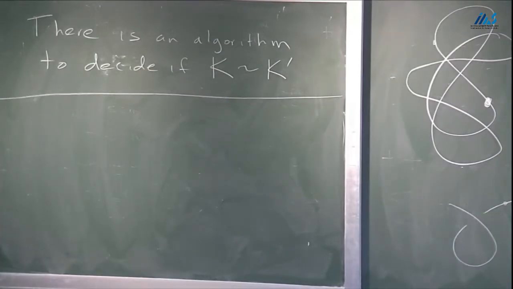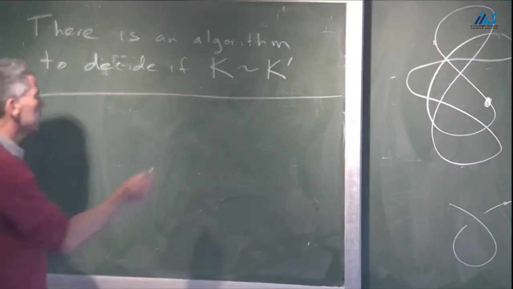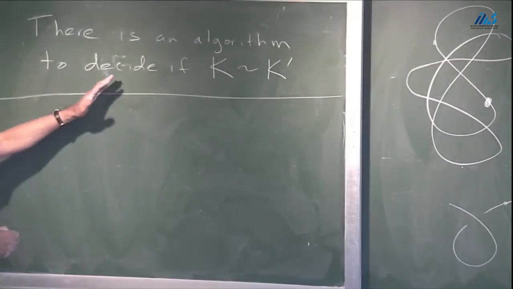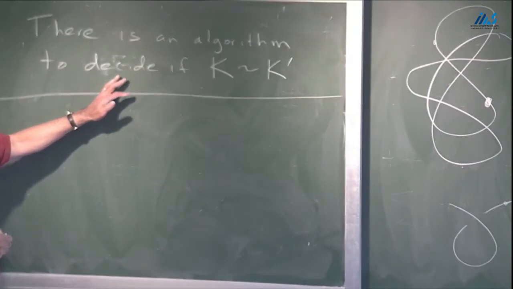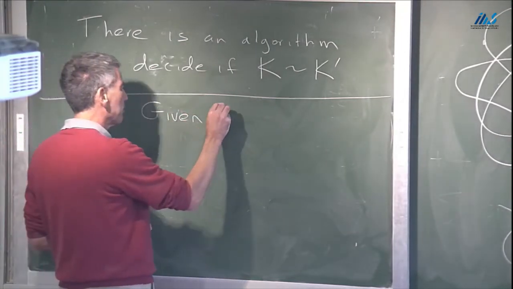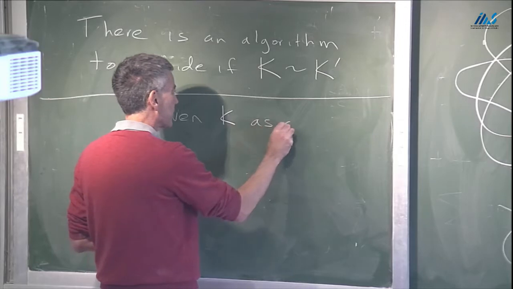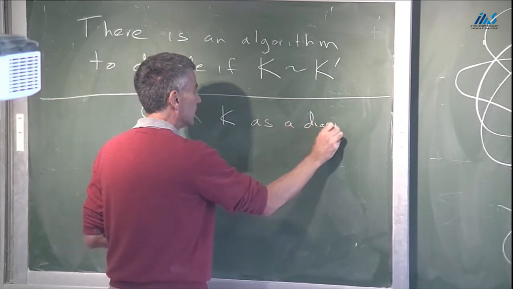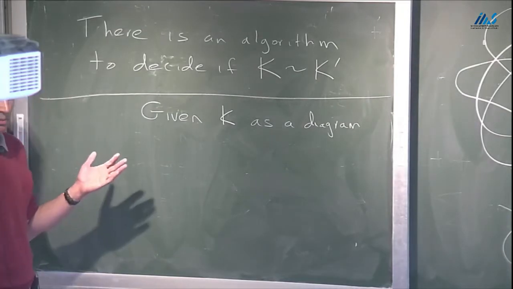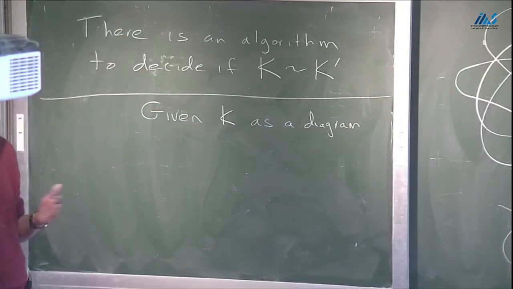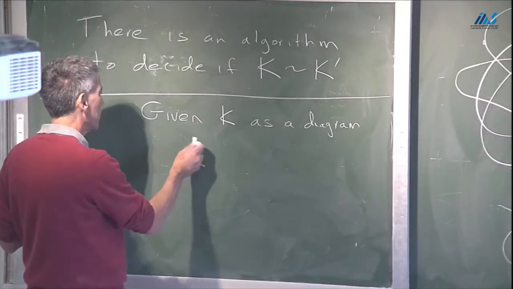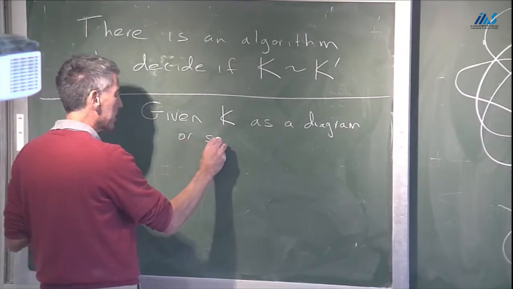In the algorithmic setting, you can be given K as a diagram or as a collection of edges in some simplicial complex. They're all equivalent in that you can get from one to the other.